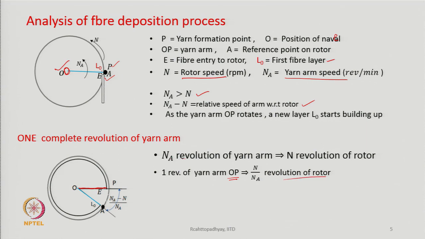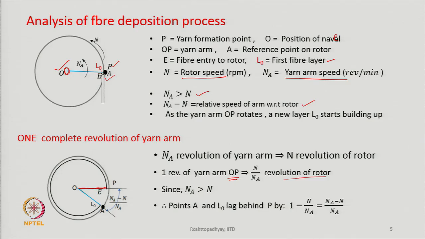because N A revolutions of the yarn arm are equal to N revolutions of the rotor. Since N A is greater than N, the point A or L0, L0 is the starting point of the new layer. L stands for layer and 0 is the very first layer.